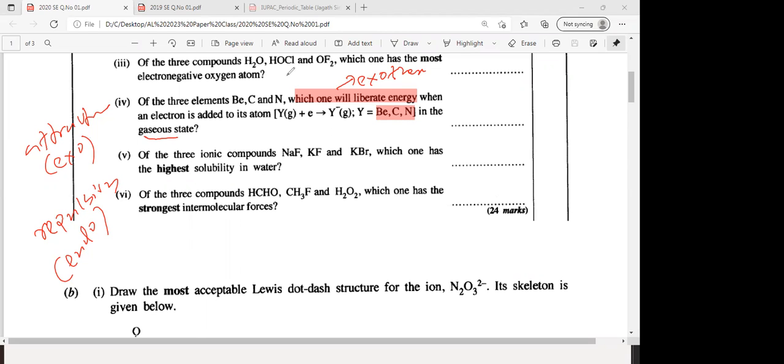If they were asking about fluorine, what you are saying is correct. Directly you can go for that. Okay, so for this one, the answer is carbon.